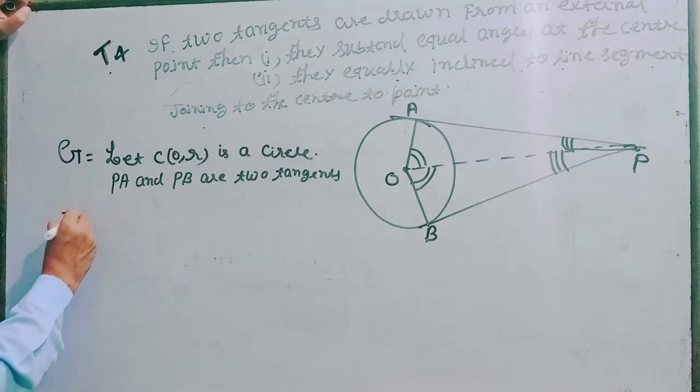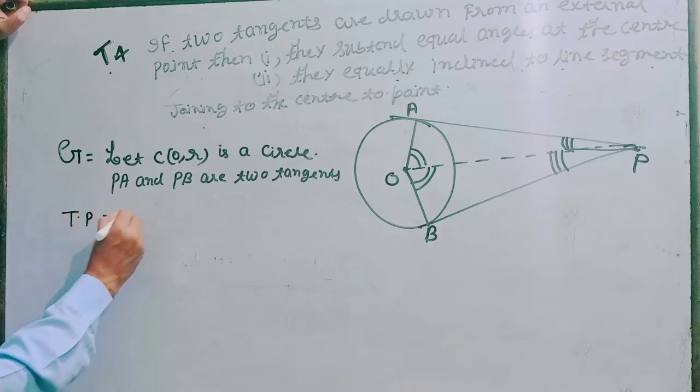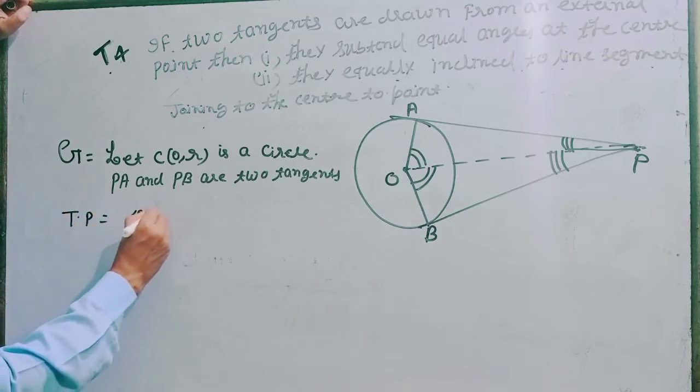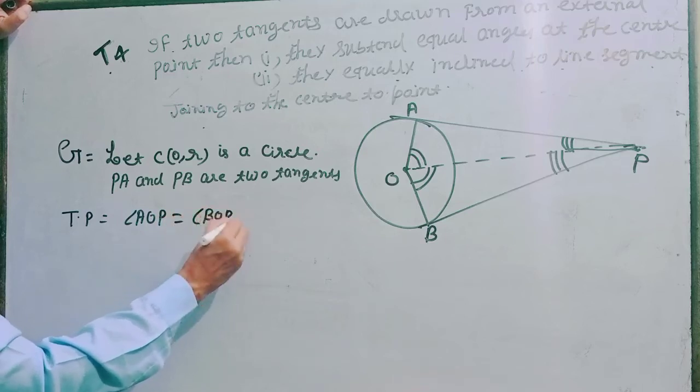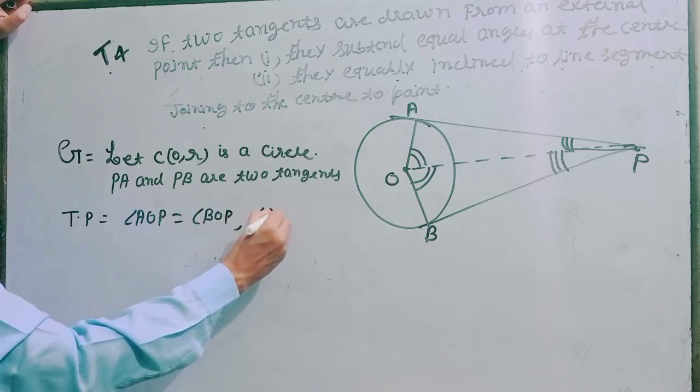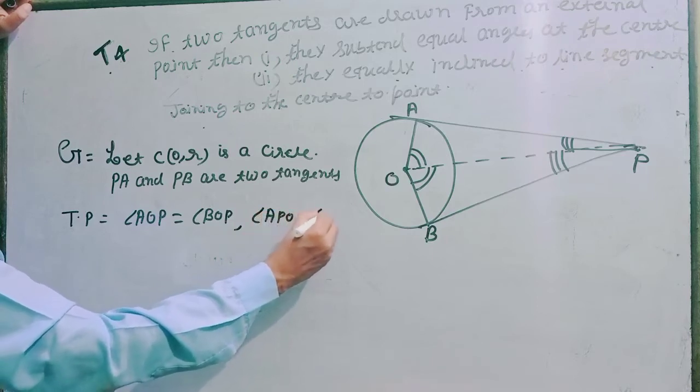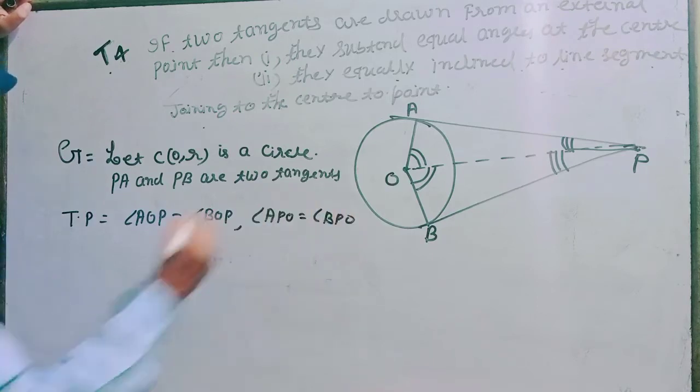To prove: angle AOP is equal to angle BOP and angle APO is equal to angle BPO.